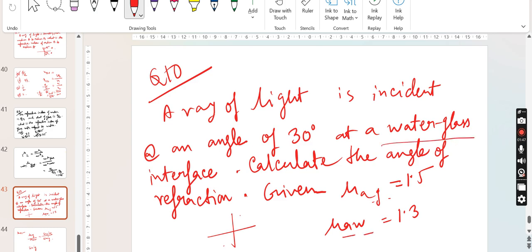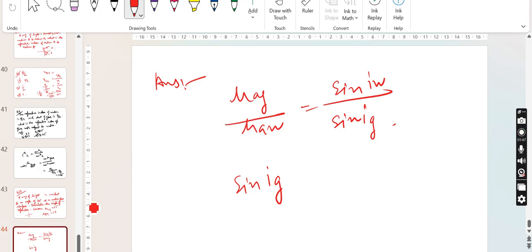We have to calculate water to glass. So sine i water is sine 30 degree.